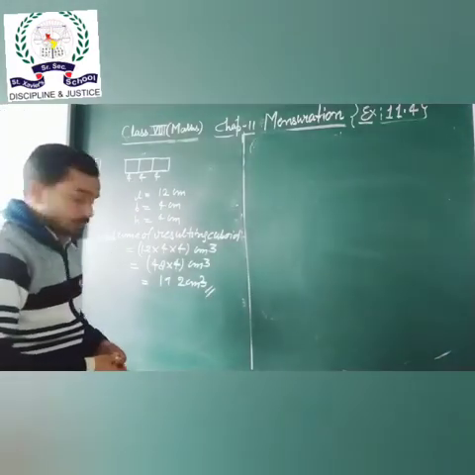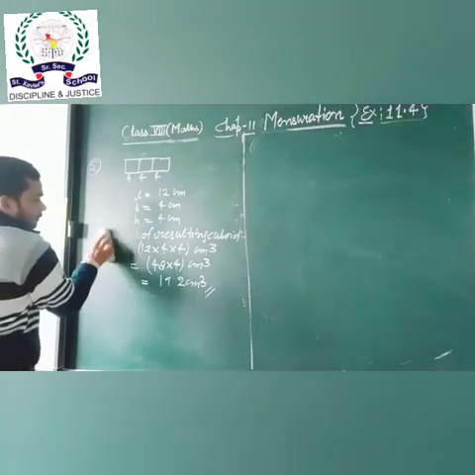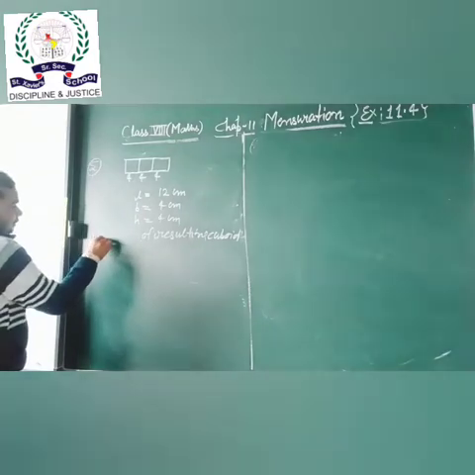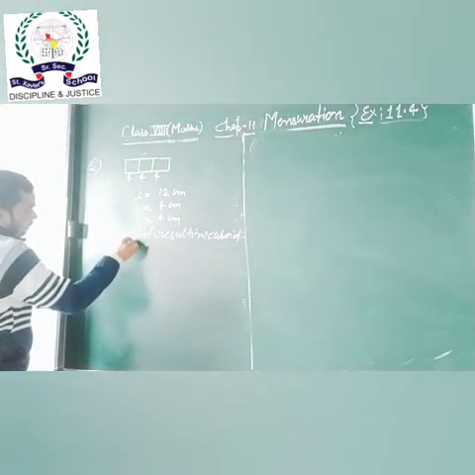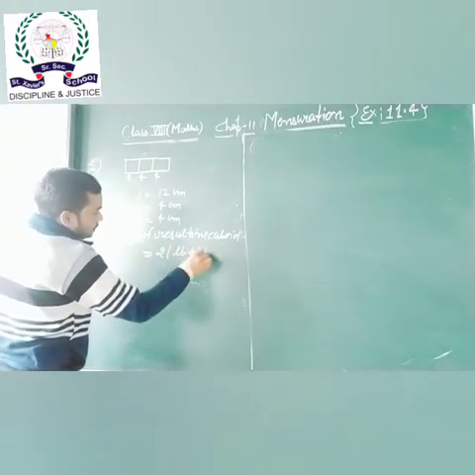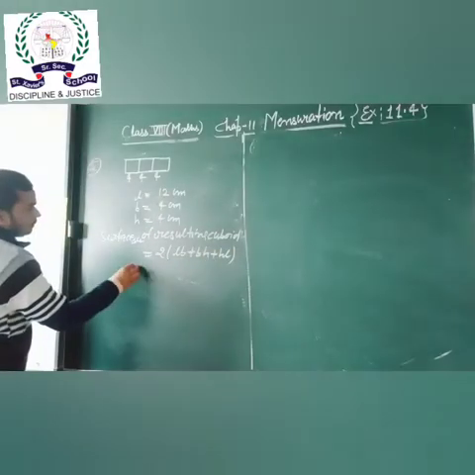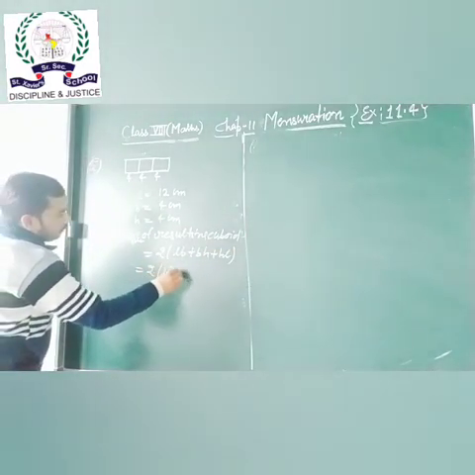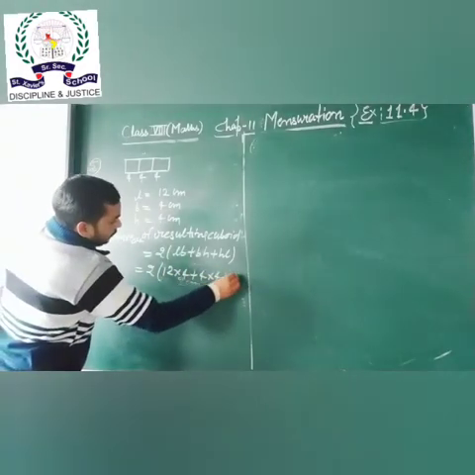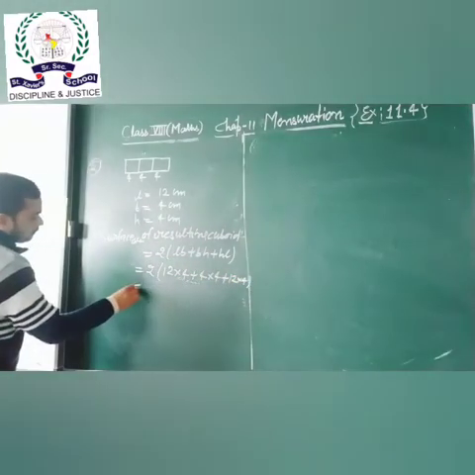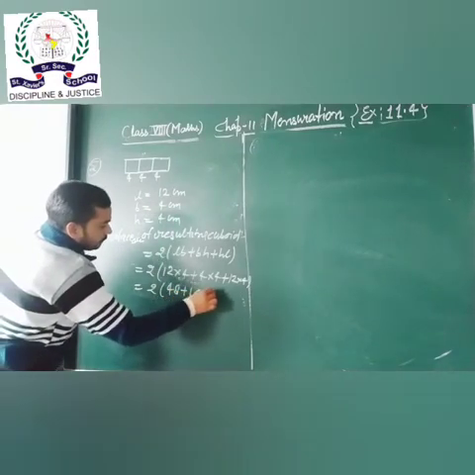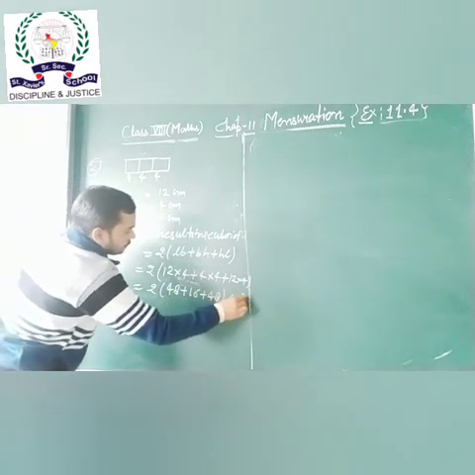Find the surface area of the resulting cuboid. So surface area equal to 2 bracket LB plus BH plus HL. 12 into 4 plus 4 into 4 plus 12 into 4. 12 4 ja 48 plus 4 4 ja 16 plus 12 4 ja 48 centimeter square.